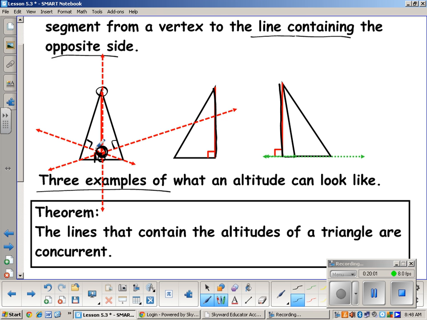Okay? So that point is called the what? Orthocenter. And we could try the same with this one over here. Perpendicular. Bless you. And these two are already perpendicular. And so this orthocenter is right there.